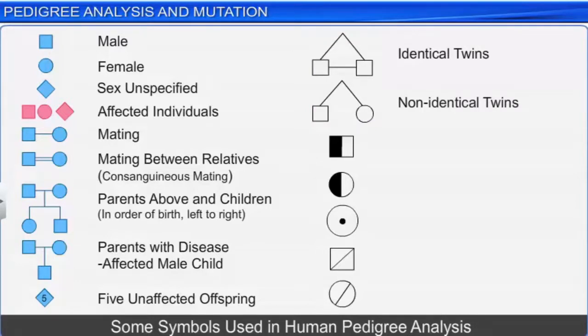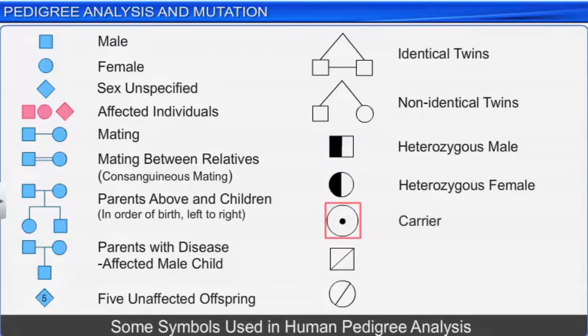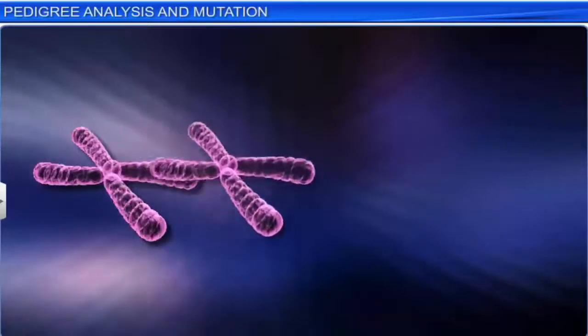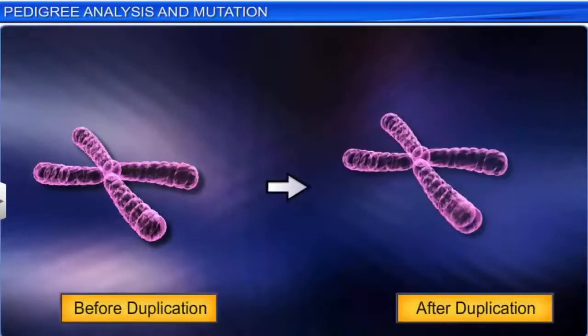Whereas a heterozygous male is represented by a half-filled square and a heterozygous female by a half-filled circle. A circle with a dot in the center represents a carrier, and the death of a male or female is represented as shown. Pedigree analysis helps trace alterations in genes.